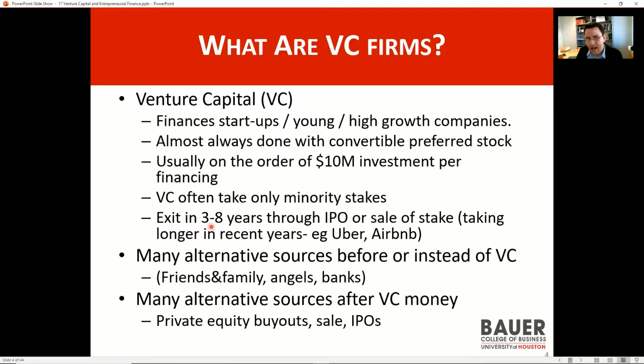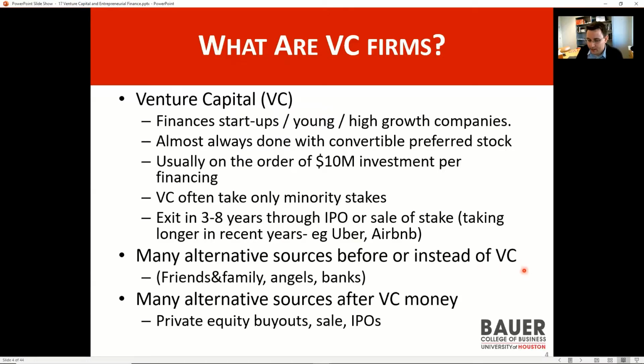Historically, this timeline has been stretched. So 3 to 8 years is kind of how the industry developed and what people think of it. But in recent years, it's been easier to stay private longer. And so in recent years, this timeline has been stretched out a bit.